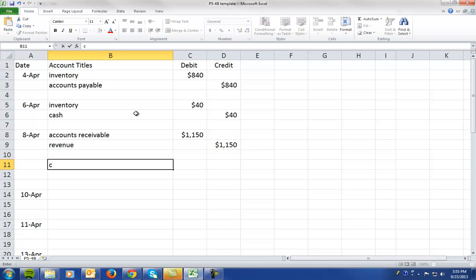In the second transaction, it's to debit cost of goods sold and credit inventory for $790.